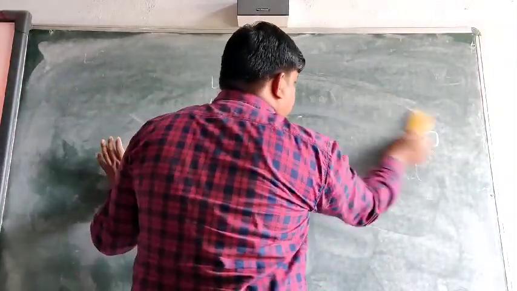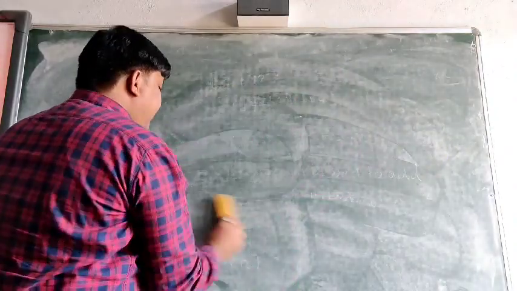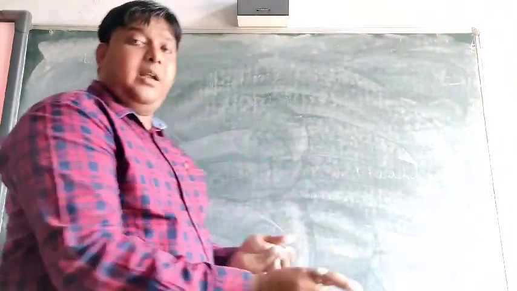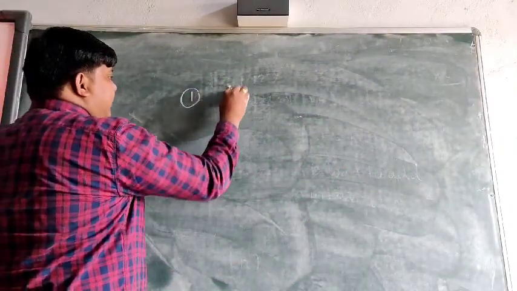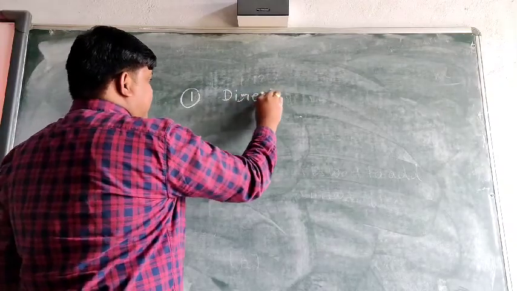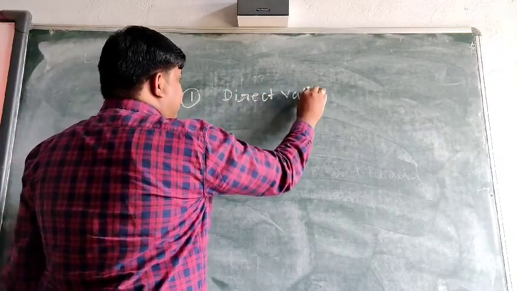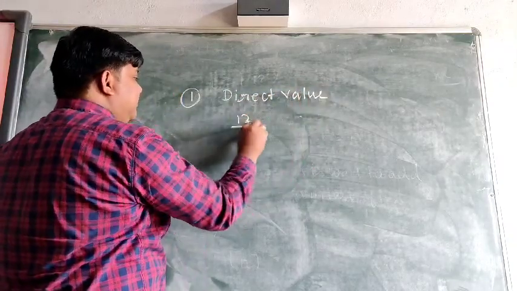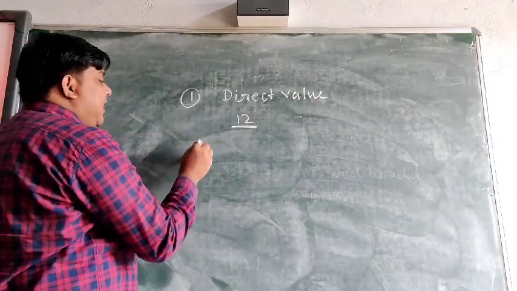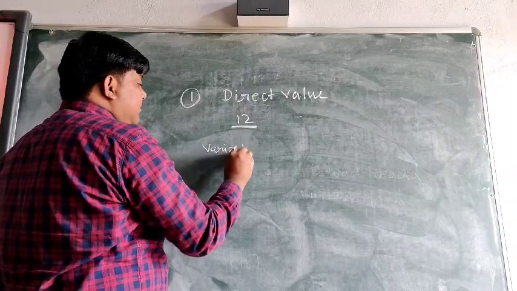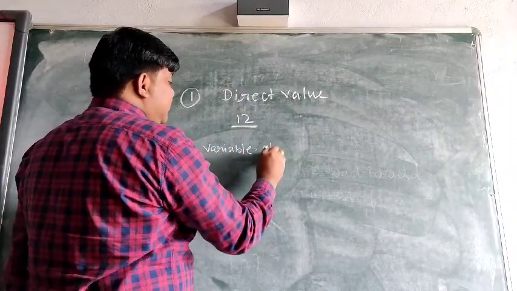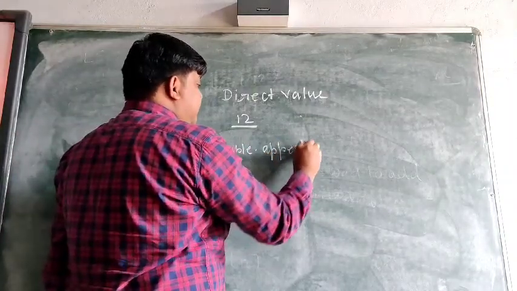Now, to add the value, we have different ways. Clear? The first way, my dear students, is to add the value directly. Direct value means I have a 12 and I want to add it. So what will I write here? Variable name dot append 12.